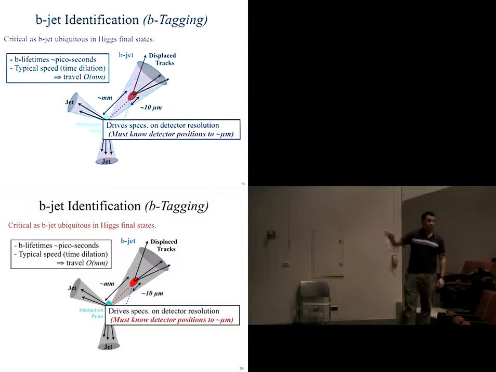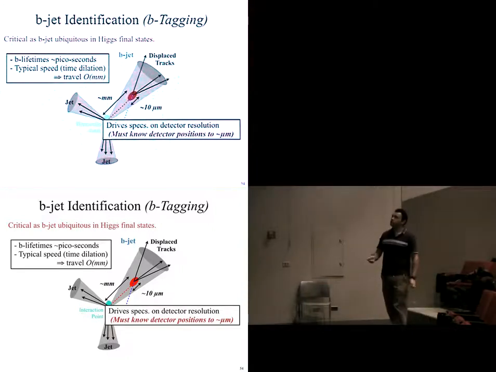So this distance is like a couple millimeters. And that means that if we want to tell that this is a statistically significant difference, we have to be able to measure this vertex with a precision of like 10 microns. And so this is really driving the specifications on the detector resolution for trying to find these b-jets.